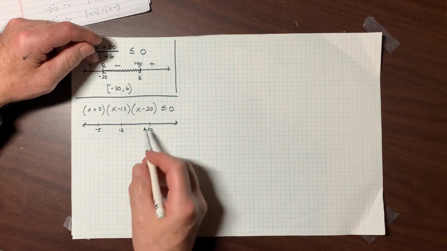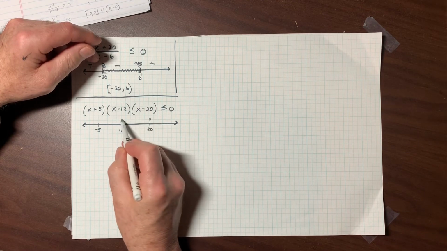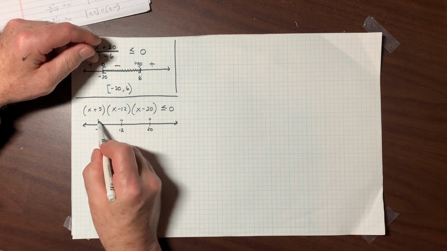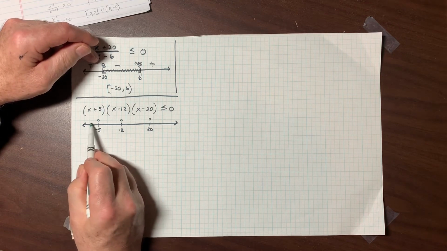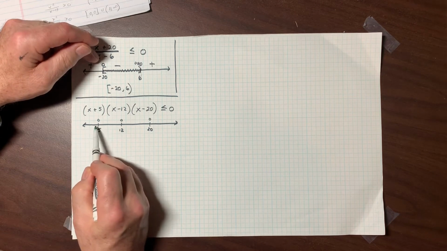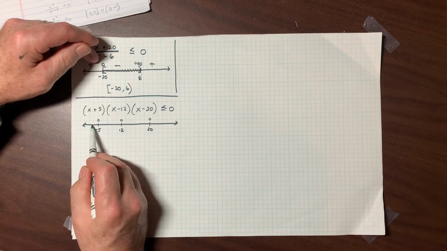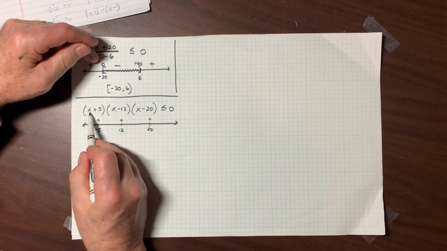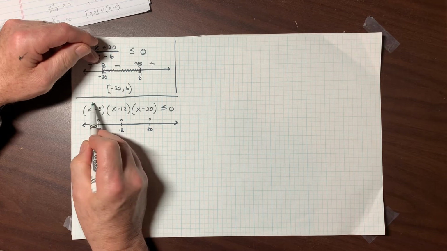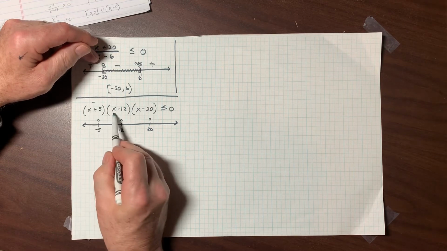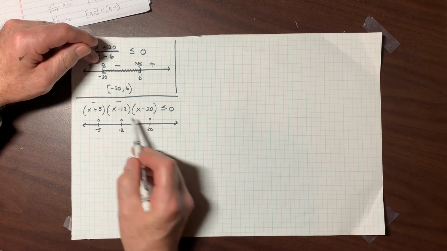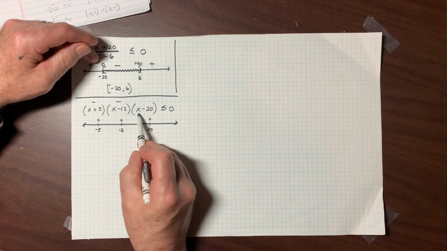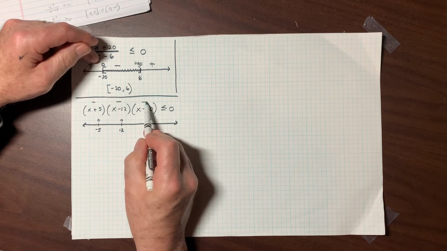For each of those values, this expression would equal 0. I put the little 0 there. I'm going to pick a value from this interval, the leftmost interval. I'm going to pick -1,000,000. If I put -1,000,000 in each of these, each binomial would be negative.